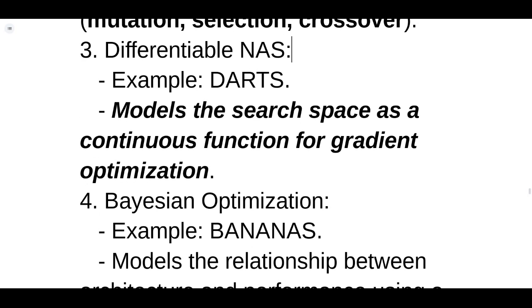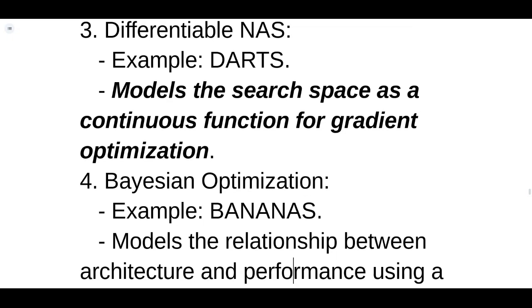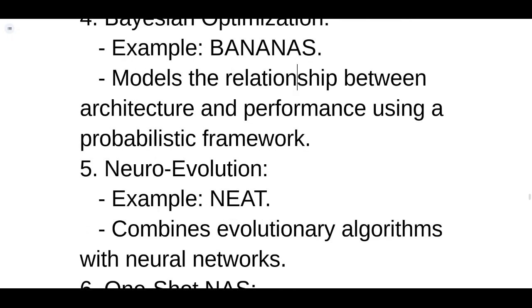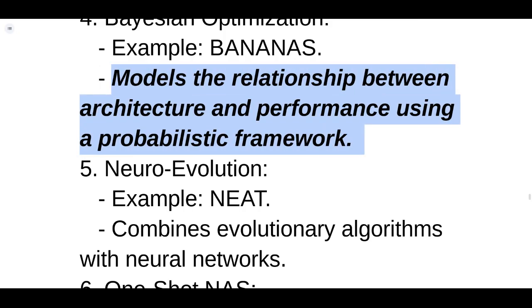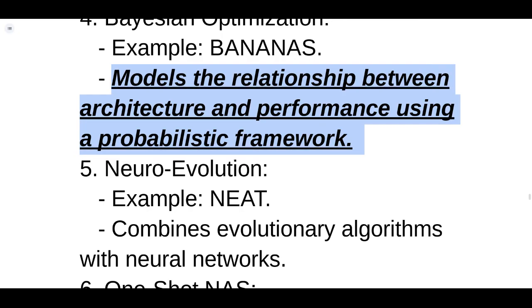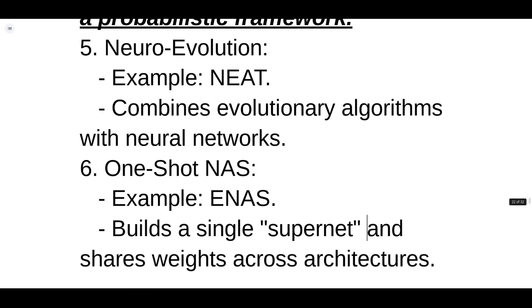This is differentiable NAS. Then Bayesian optimization models the relationship between architecture and performance using a probabilistic framework. Neuroevolution combines evolutionary algorithms with neural networks.